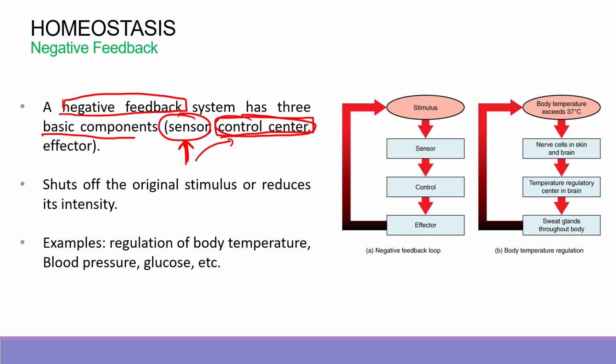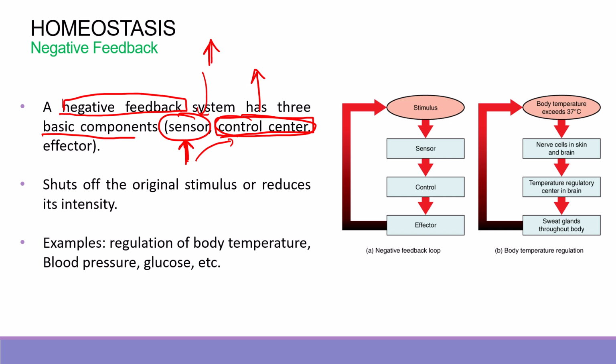So in other words, if your sensor is detecting that the body temperature is going too high, the control center is going to be something that will, in a smart way, if you want to think about it this way, fix the problem.